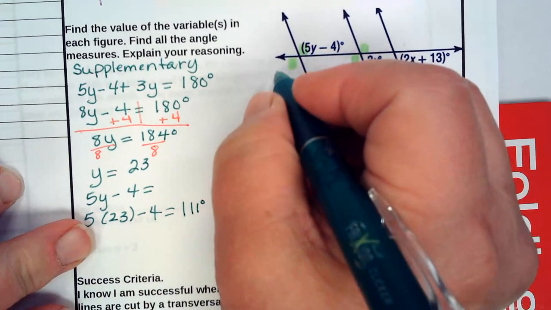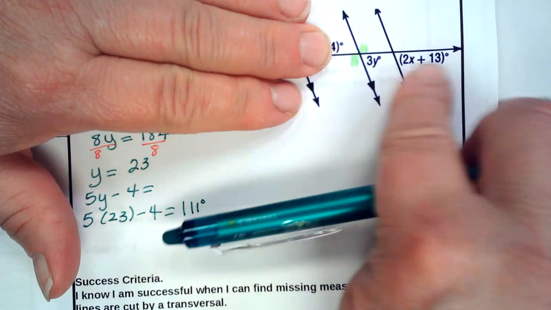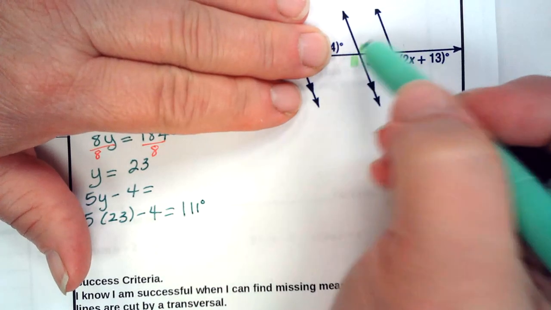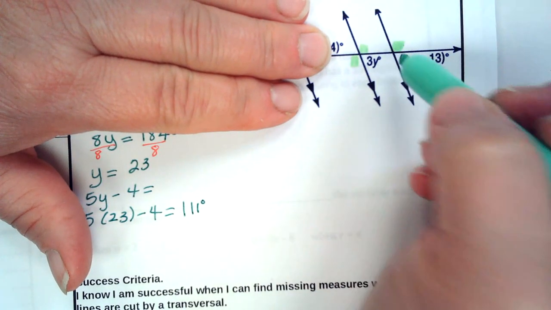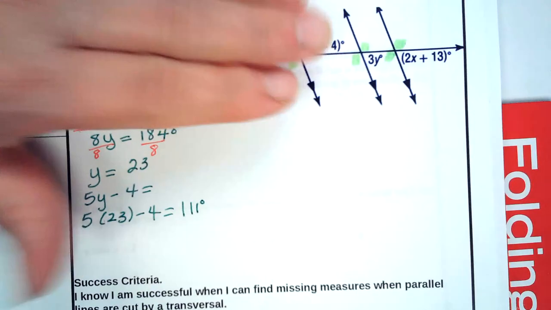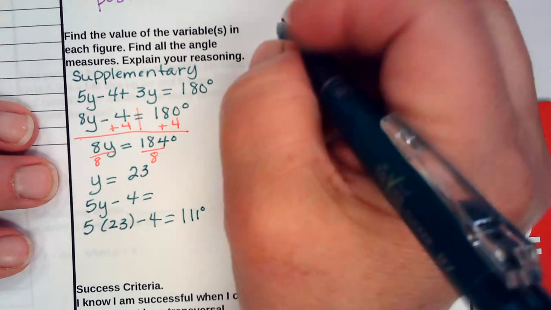Okay, so now I'm going to look between these two lines, and I'm going to highlight the ones that are congruent. So the corresponding angle here is here. This corresponding angle is here. These are vertical. So I've got all the ones that are 111 degrees marked.